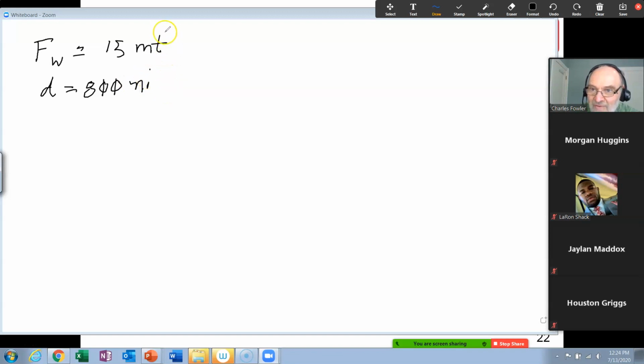Now, why I say they're mixing, metric ton is an SI unit, miles is a U.S. customary unit. Okay. Now, they also say use the radius of the Earth, which I'm calling R sub E. Radius of the Earth is 4,000 miles.